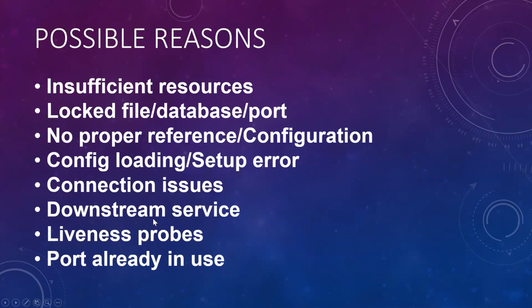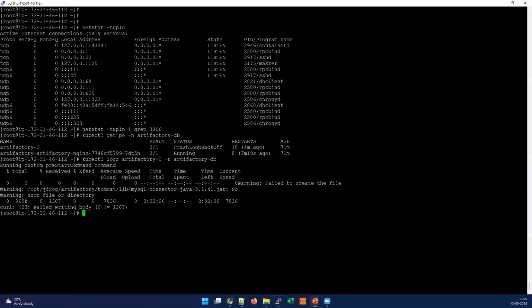Downstream services, yes, you can see the downstream services here. See this Artifactory Nginx, it's running here, but it keeps on restarting. Let's check this log also. And this is the detail, and there is no log. Then it should be in the get events.